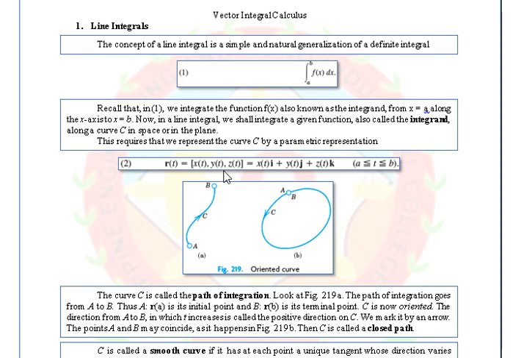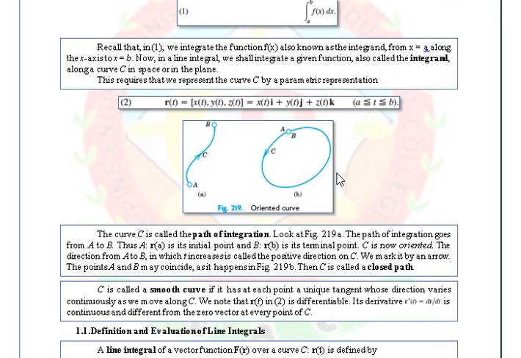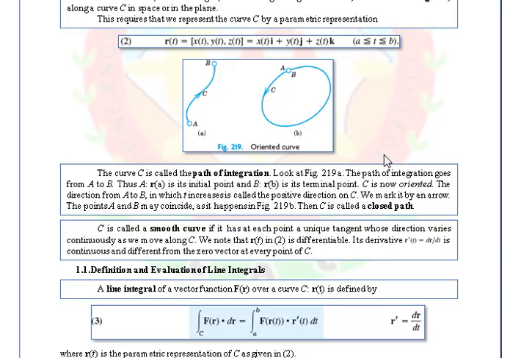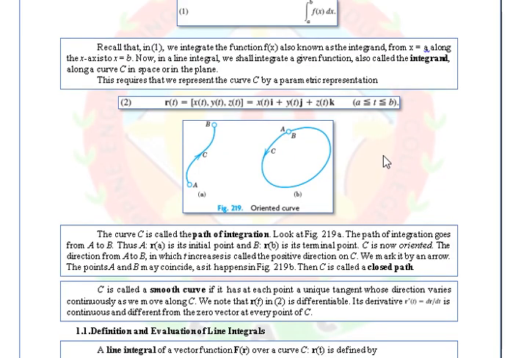So we have r of t equals x of t, y of t, and z of t, or x of t i plus y of t j plus z of t k, where t goes along the path from A to B. Take note that i, j, k here are the unit vectors in dealing with the path, specifying the direction of the path.